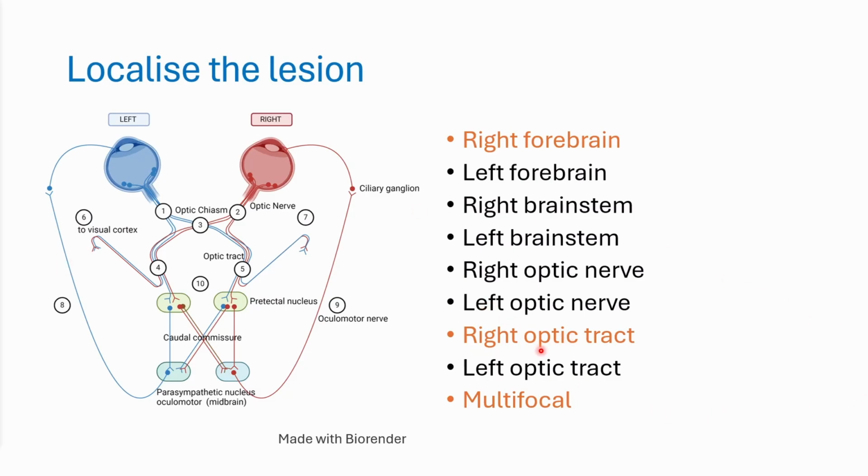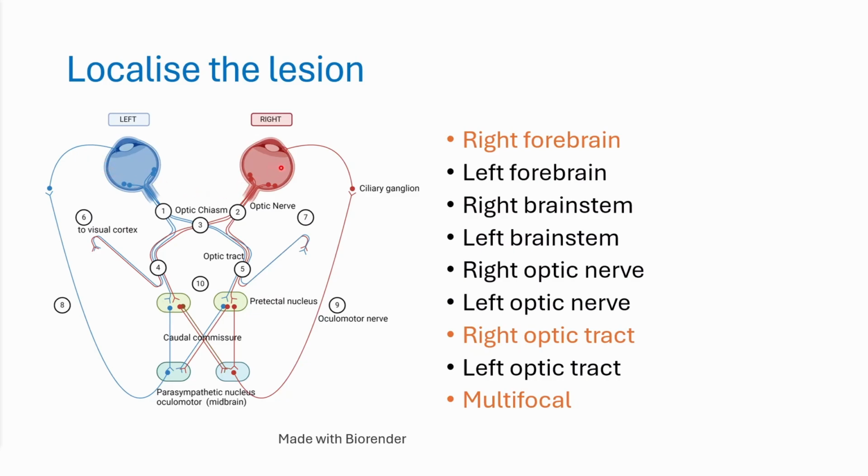Let's go back to that right optic tract and the swinging flashlight test. So what we saw was that the dog was visual on the right, but non-visual on the left. And we saw that there was a normal PLR on the right, but when we swung the light over to the left, then the pupil dilated.